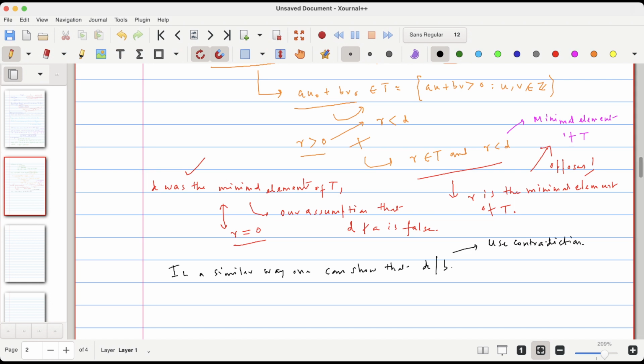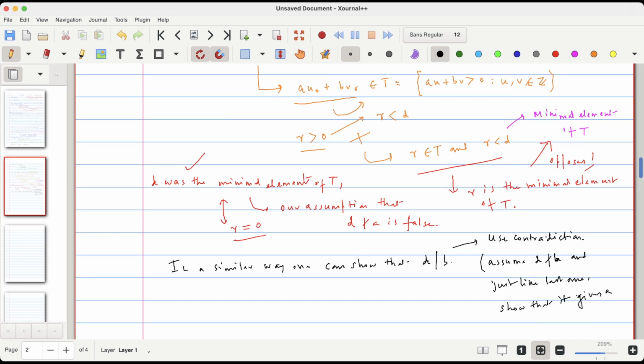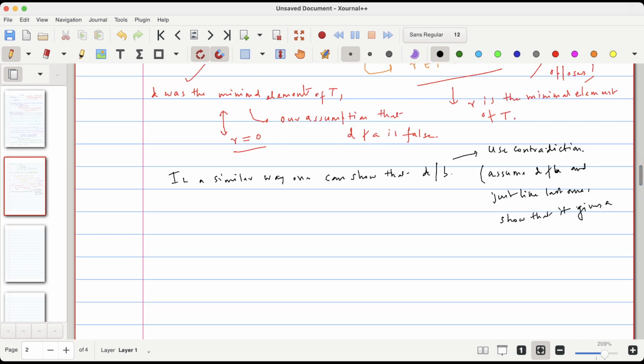You assume D does not divide B, and just like last time, show that it gives a contradiction. Understood?